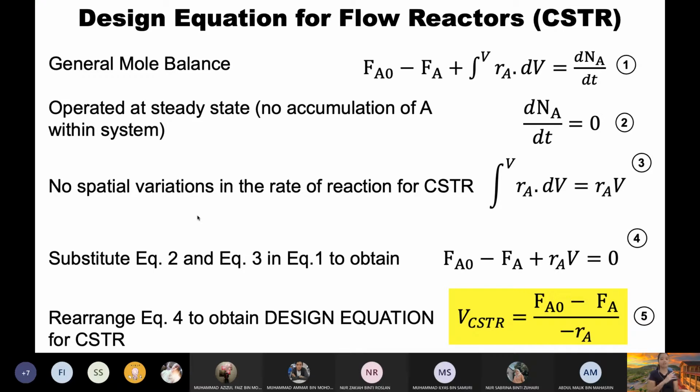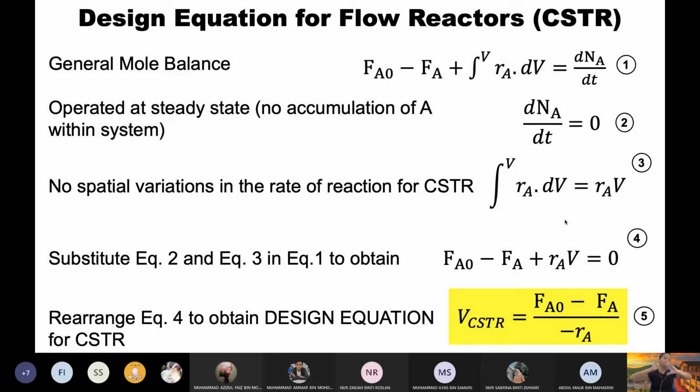Second characteristic: CSTR, similarly to the batch reactor, has a stirrer. Remember I told you, if it has a stirrer, it will ensure the concentration and heat are well distributed across the reactor volume. This is very important because the rate of reaction is influenced by concentration and temperature.